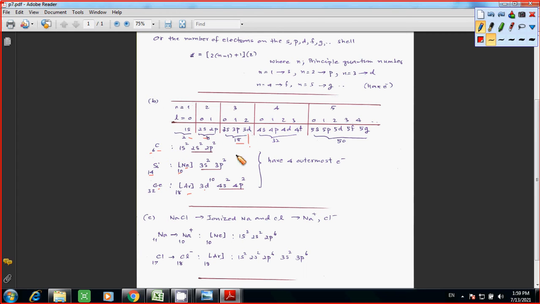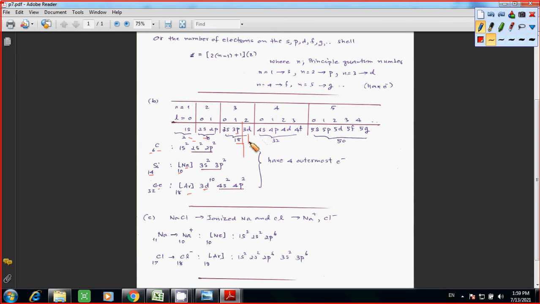Sorry, for argon you have 1s2, 2s2, 2p6, 3s2, 3p6, right? So let's make our 18, because p is 6, s is 2. So you have 18, so you need to continue with 3d10.